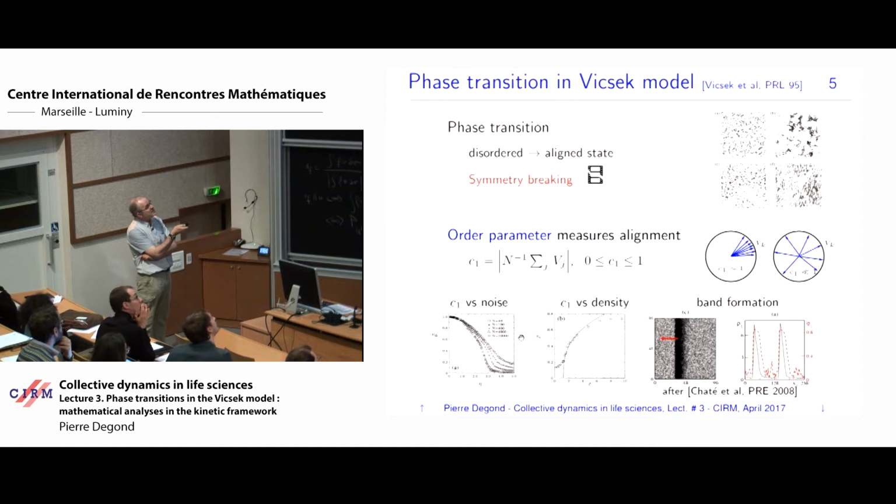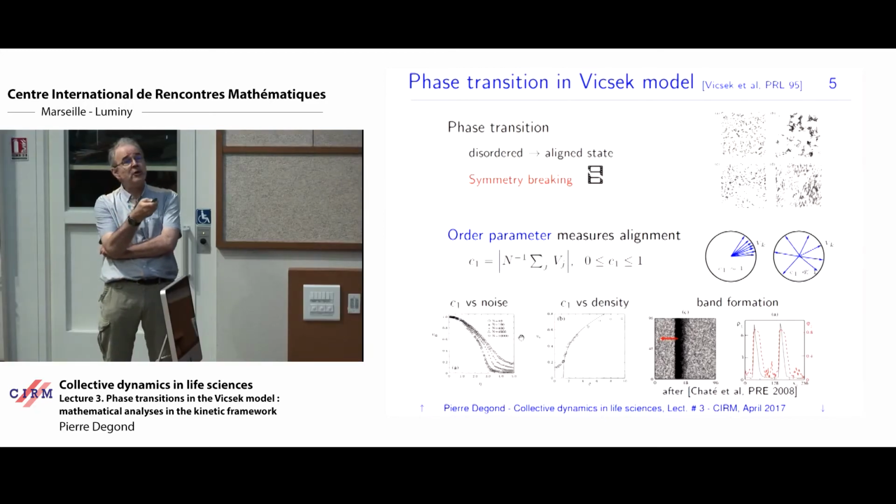Basically, this sequence of snapshots corresponds to decreasing noise. For high noise you get basically a kind of random motion, and then there are some phases where you have clusters, and in the end you get a full alignment. So when your noise decreases, then you get alignment.